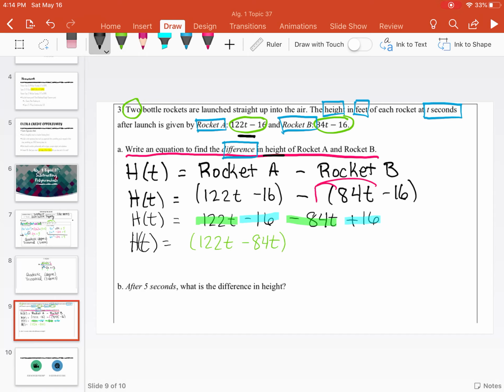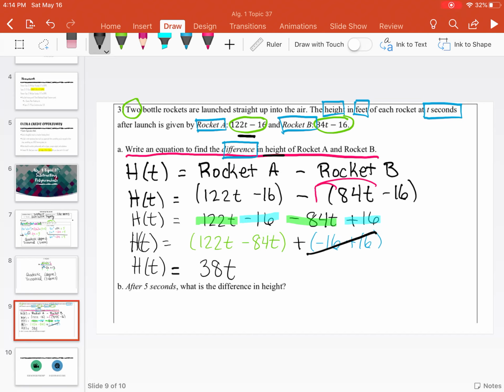After we've applied that -1, we can now add, and we have -16 plus 16. Now we can simplify. So h of t is going to equal 122t minus 84t, which gives us 38t. And negative 16 plus 16 adds to 0, so we're just left with our final linear monomial of 38t.